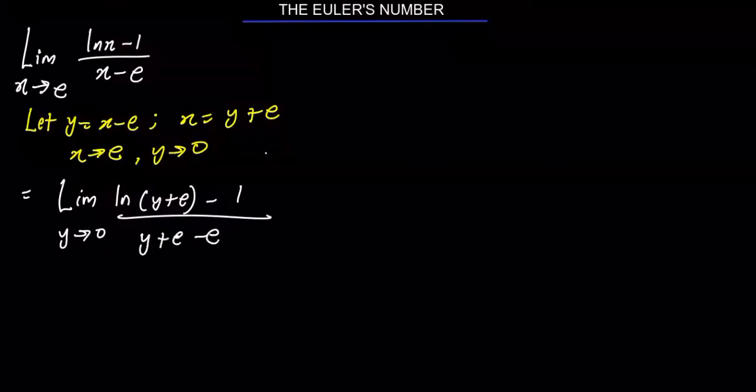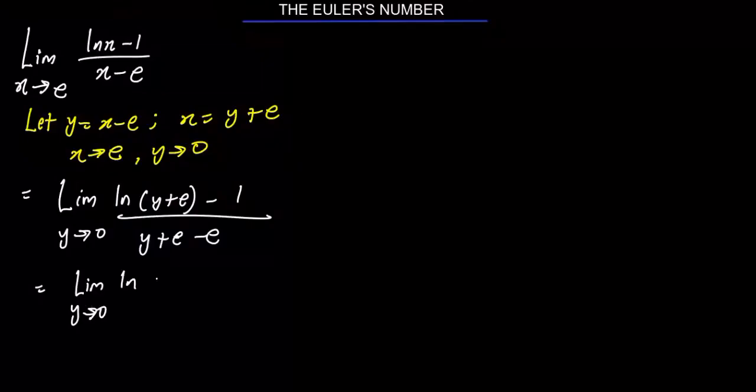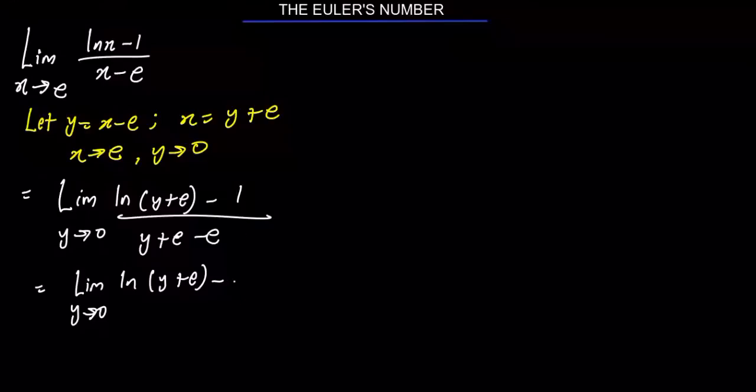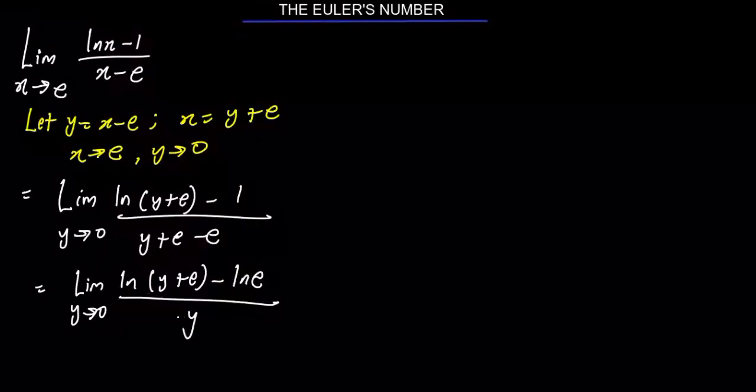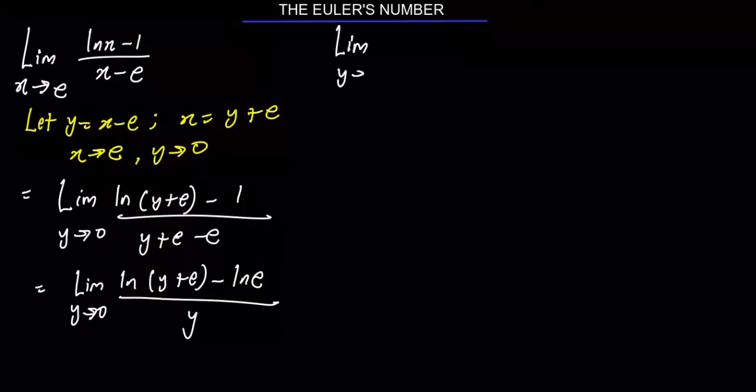So this is the same thing as the limit as y tends to 0 of ln(y plus e) minus, what is 1? 1 is ln e. Did you know that? Punch ln e in your calculator, you have 1. Then all over y. So from here, what do you think I will do? I can rewrite this as the limit as y tends to 0.